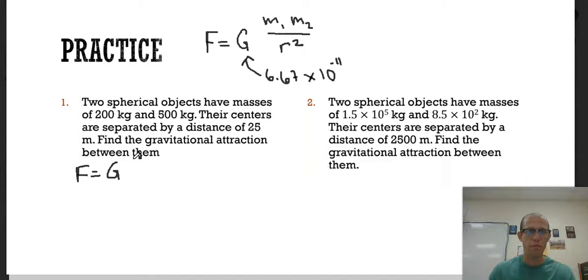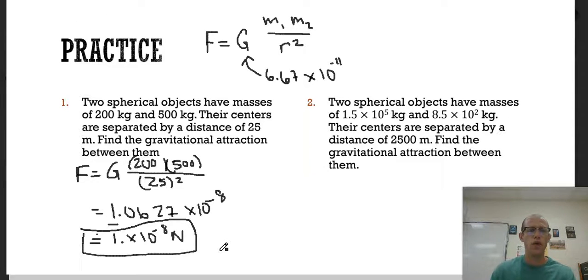I'm going to multiply that by 200 and then multiply that by 500. And then I'm going to divide that by 25 and make sure my 25 is squared. I would recommend typing this number in, storing it in the letter G for future purposes. So then you can just type the letter G as well.